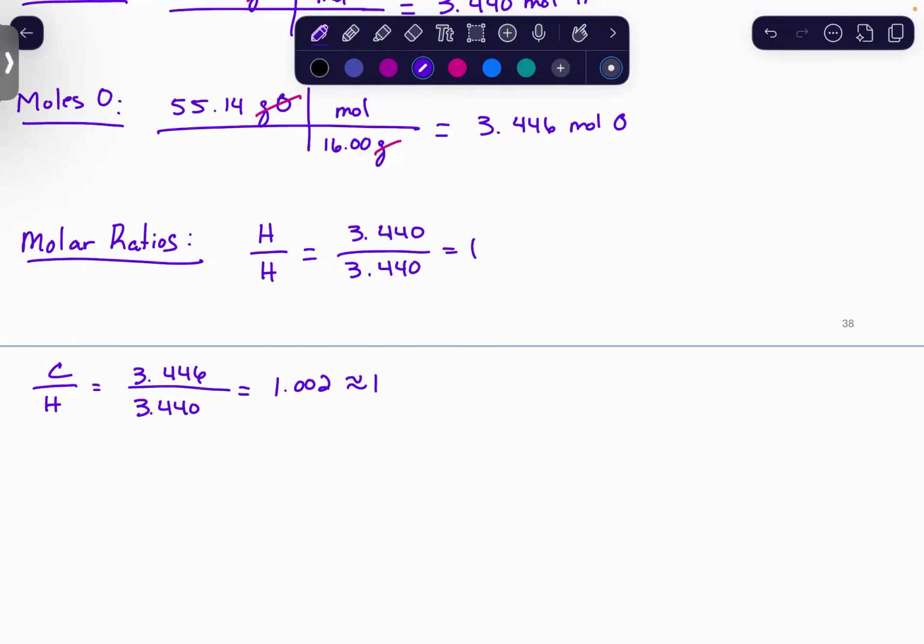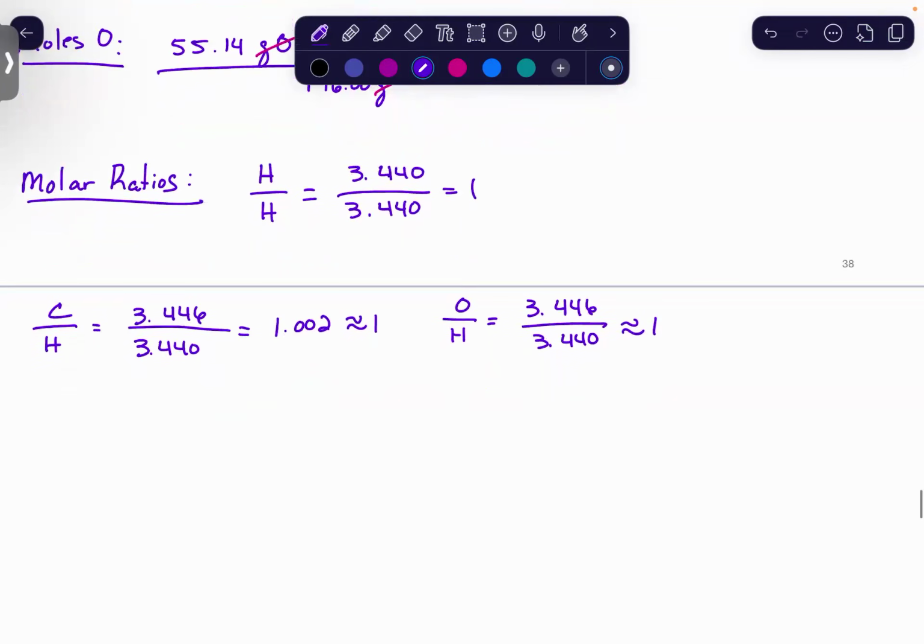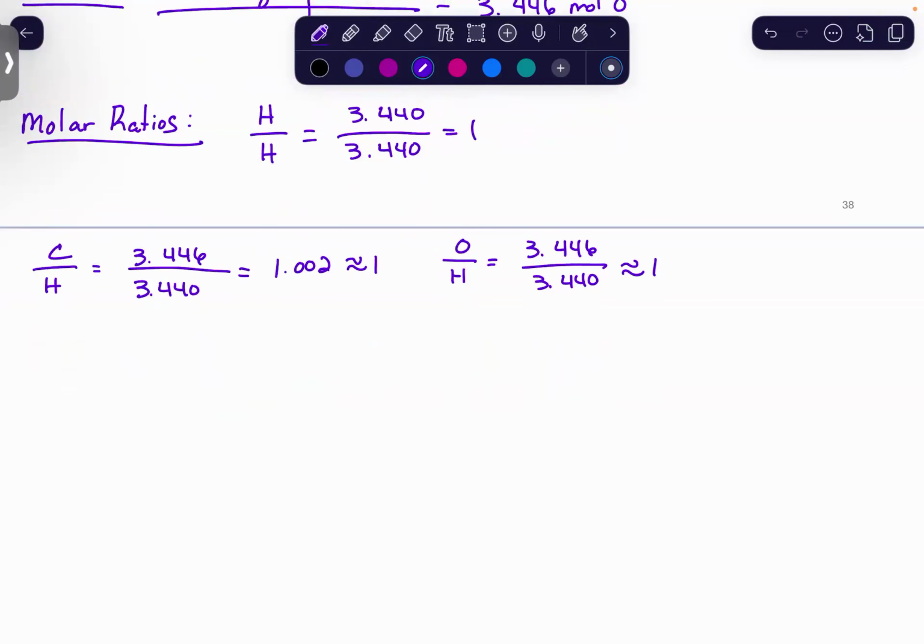And you should already know that the oxygen to hydrogen ratio is the same. So I get subscripts of 1 for my entire empirical formula. Okay, so that's going to be CHO. And they each have a subscript of 1.